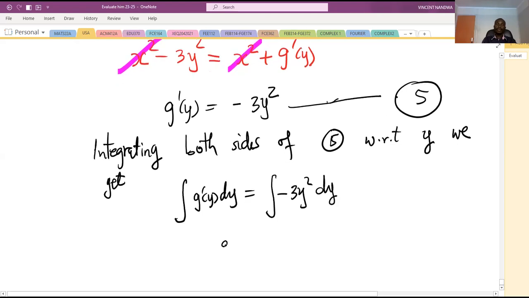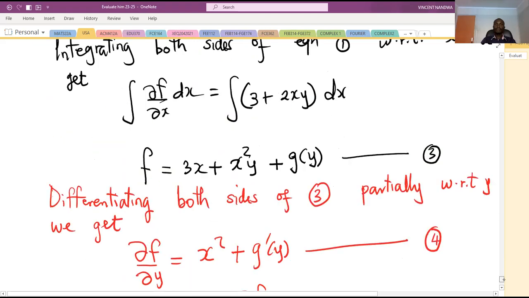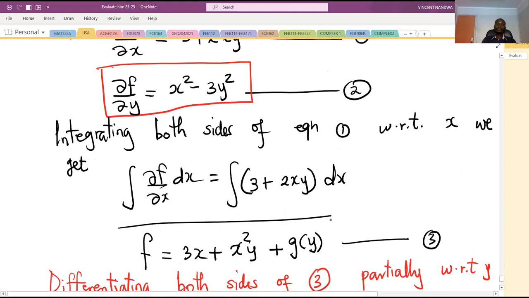And so g of y will be given by minus y cubed plus a constant, say k, where k is the constant of integration. And then from this value of g of y and what we had found as our f in equation 3, we see that f will be given by 3x plus x squared y.